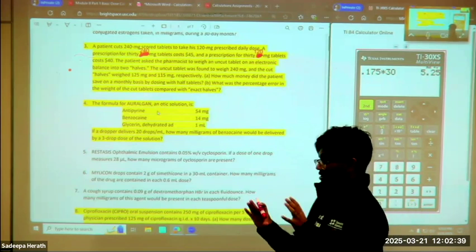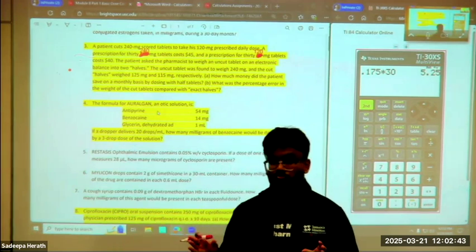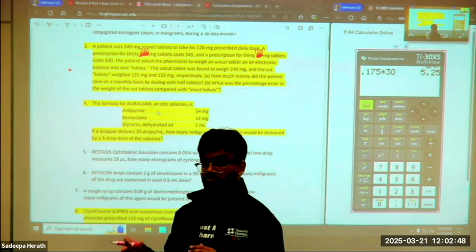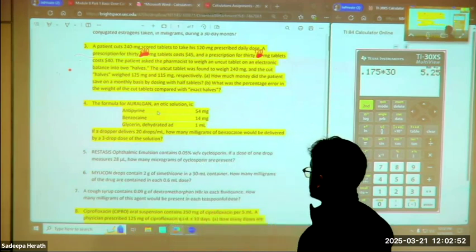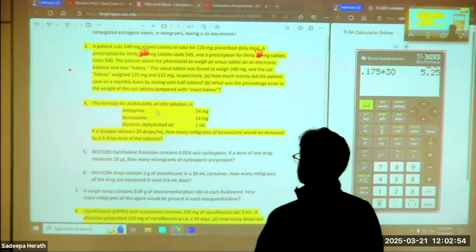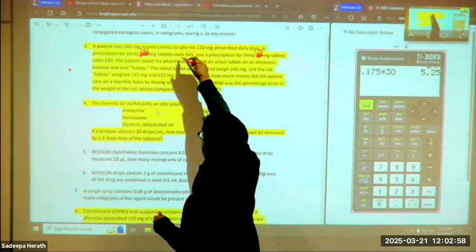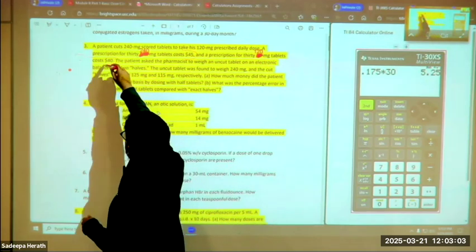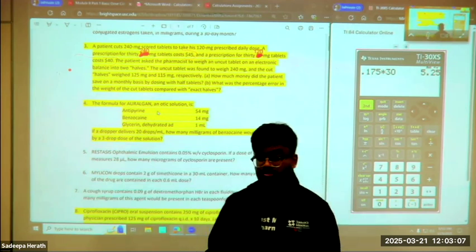So when you have a big question like this, there's a lot of information. You want to try to understand what information is going to be relevant for what question. A is asking how much money did the patient save on a monthly basis by dosing with half tablets? So this is probably going to be relevant: the $45, the $40, and its respective strength and day supply, right?